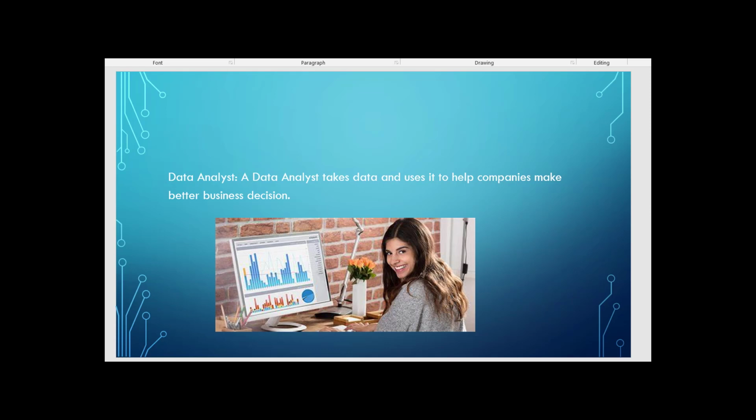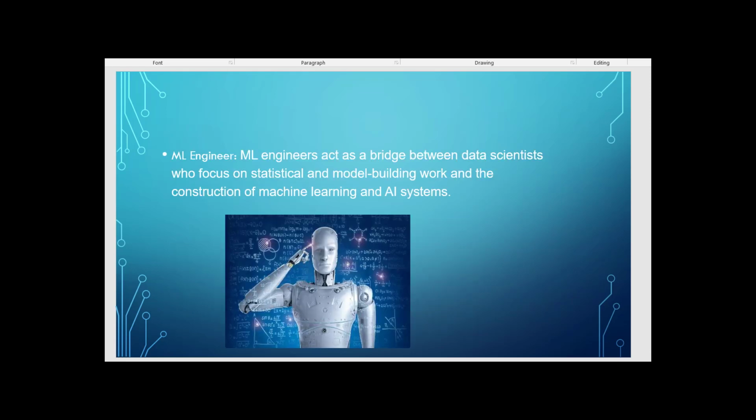Next we'll see what a machine learning and AI engineer does. A machine learning engineer acts as a bridge between data scientists, who focus on statistical and model-building work, and the construction of machine learning and AI.